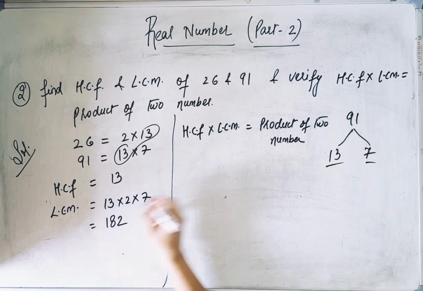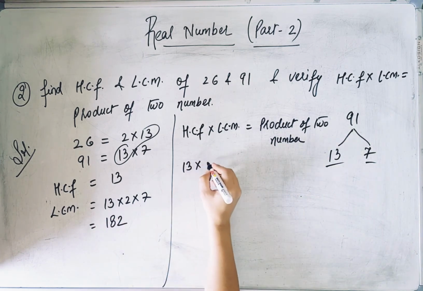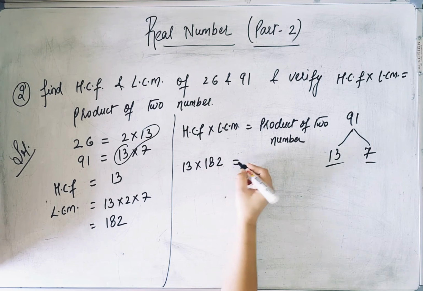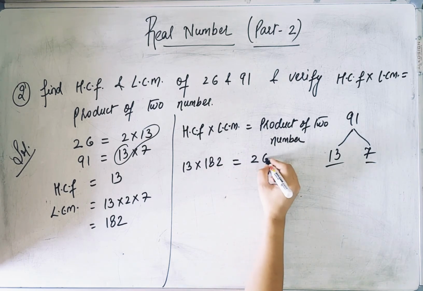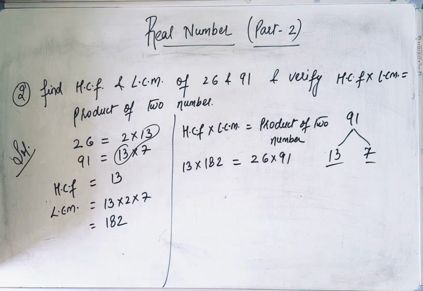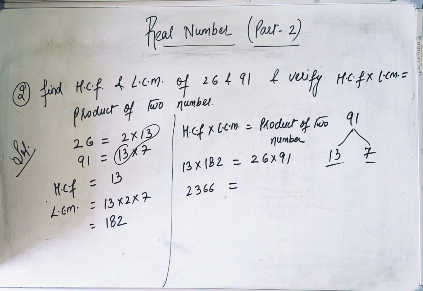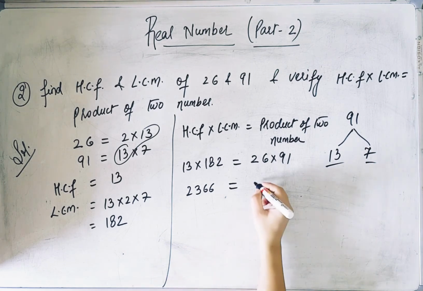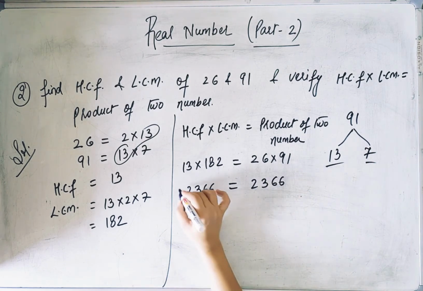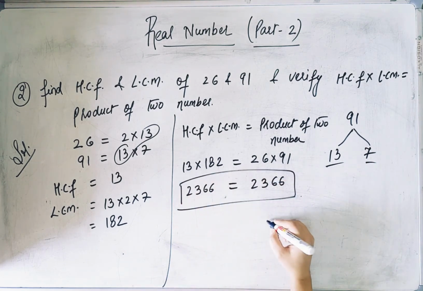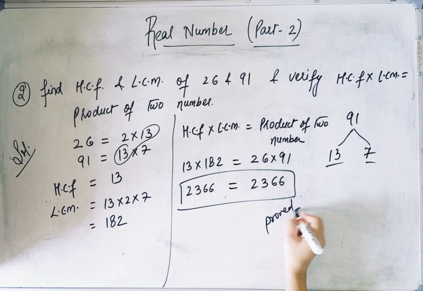HCF here is 13, so 13 into 182 equals the product of the two numbers, that is 26 into 91. When we multiply 13 into 182, we get 2366, and when we multiply 26 into 91, we get 2366. So this is how we have verified.